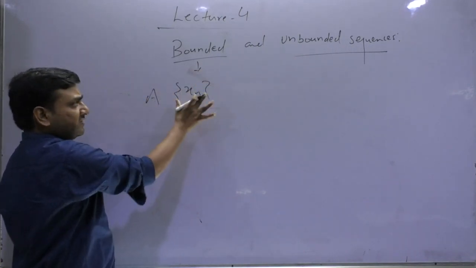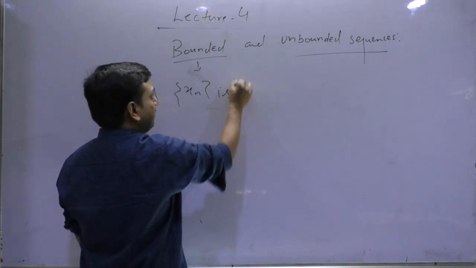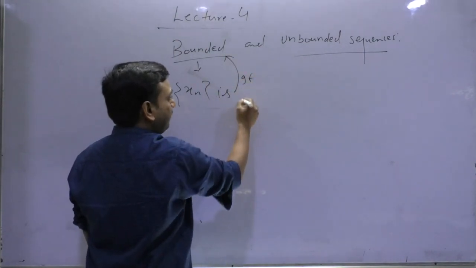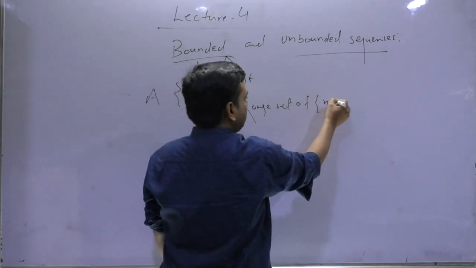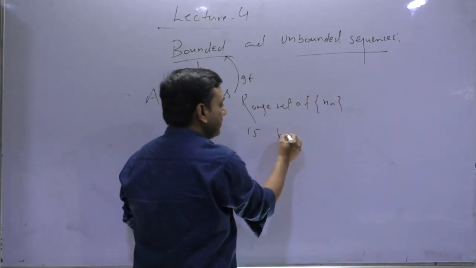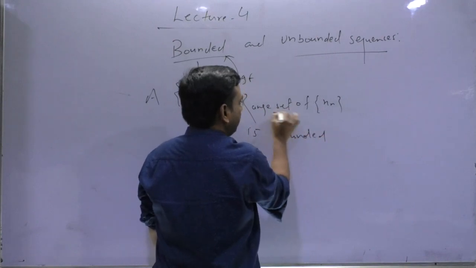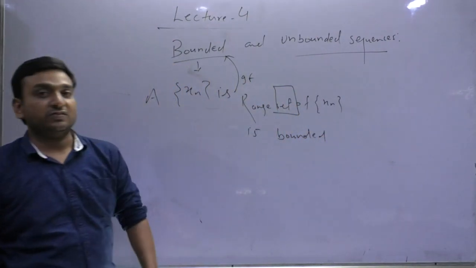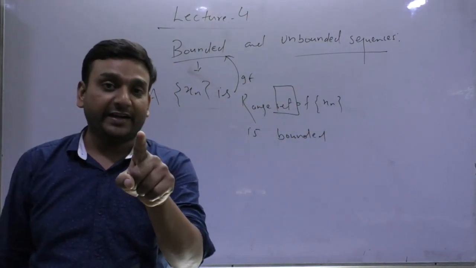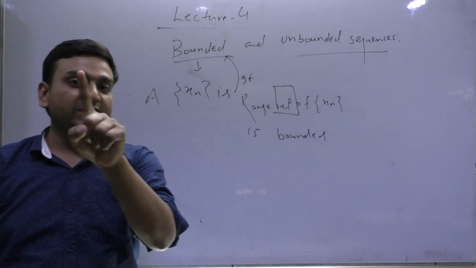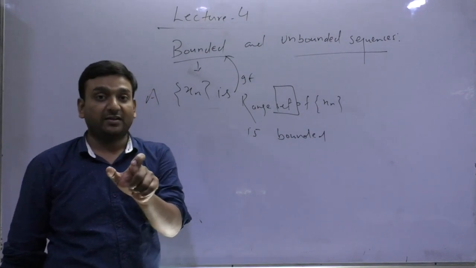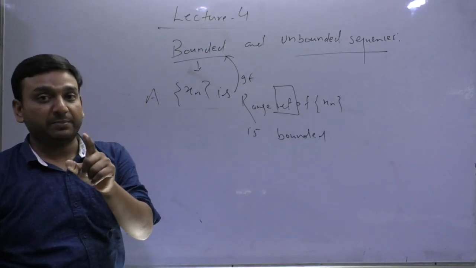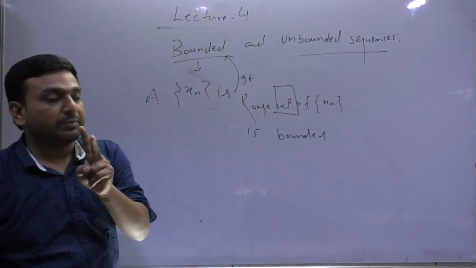A sequence xn is bounded if the range set of the sequence xn is bounded. And here please focus on a bounded set, which was our first class where I told you what a bounded set means. It means it will have its supremum as well as infimum.